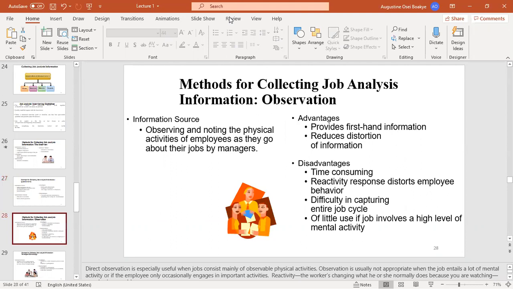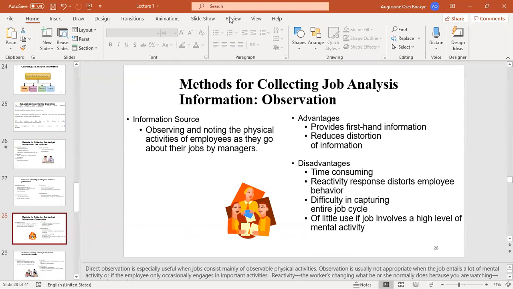Then we also have the observation technique. Observation technique simply means that the job analyst decides to go around the organization by moving from department to department, unit to unit, to physically inspect what happens over there.